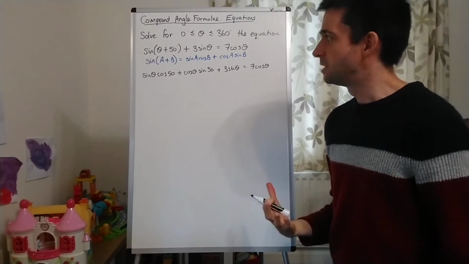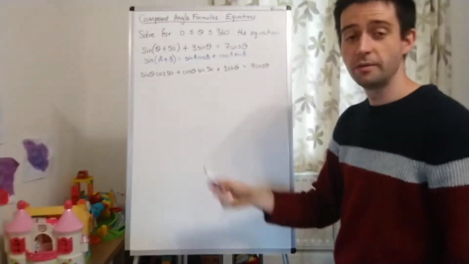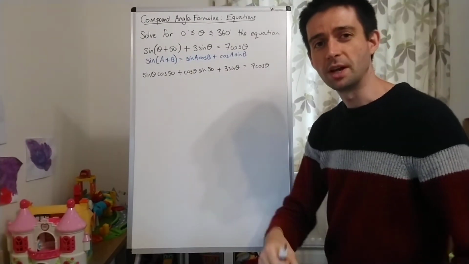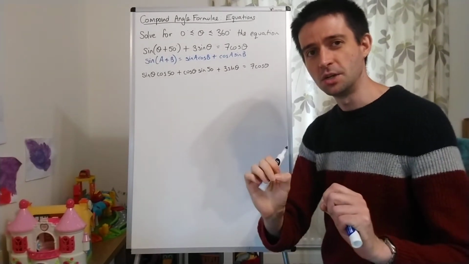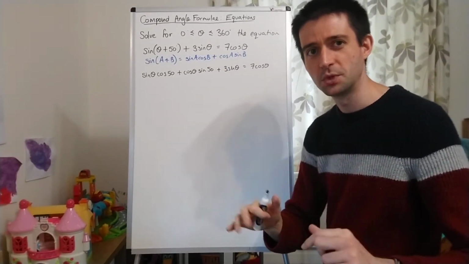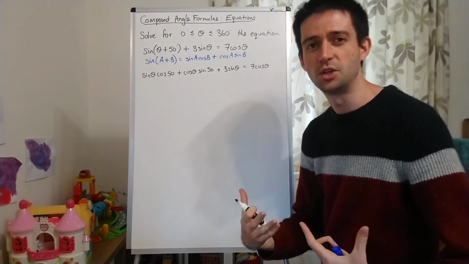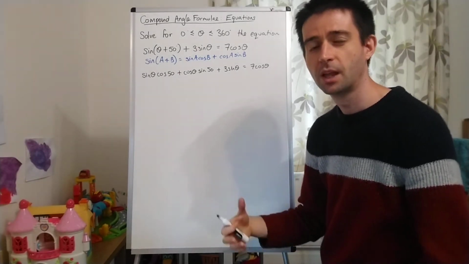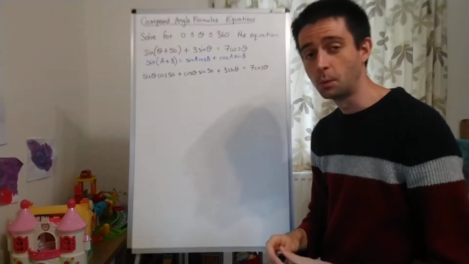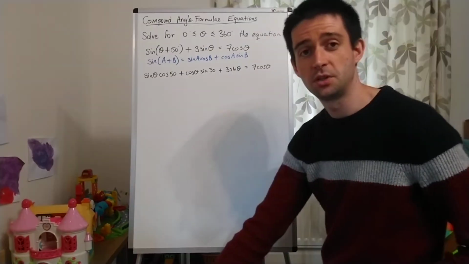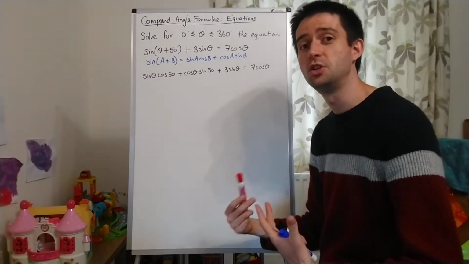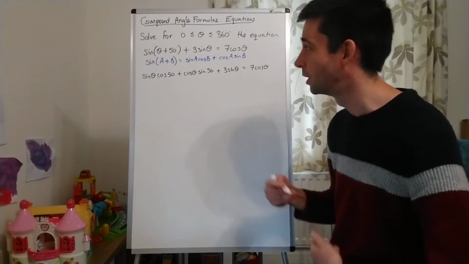And you might be looking at that and thinking, oh okay, well cos 50, sin 50, we could work those out as numbers. Great, don't do that, fight the urge to do that, because you're going to have horrible decimals that are going to make your equation look really messy as you work through it. What we need to think instead is, what do we have and how can we solve an equation? What knowledge do we have to solve an equation with what we've got?